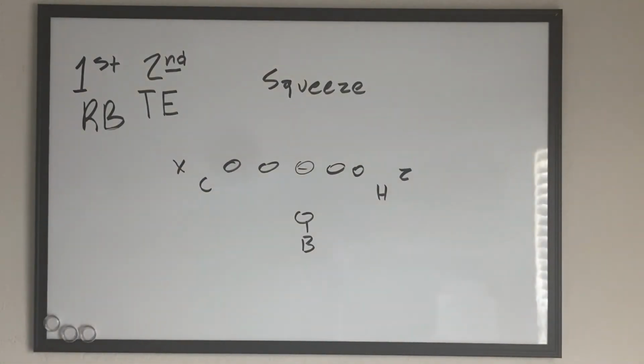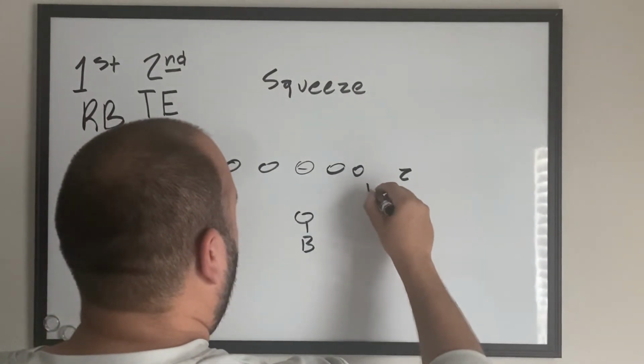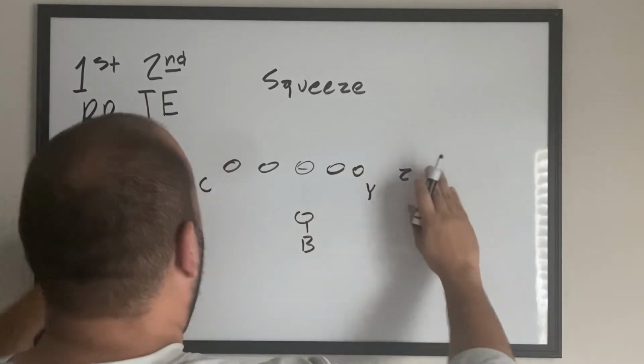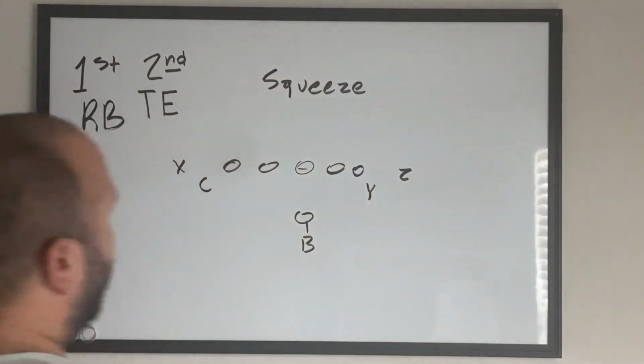All right, if I was in 11 personnel, our base formation, obviously these guys are out, but if I'm in 11 personnel, then boom, I say squeeze, these guys come in.